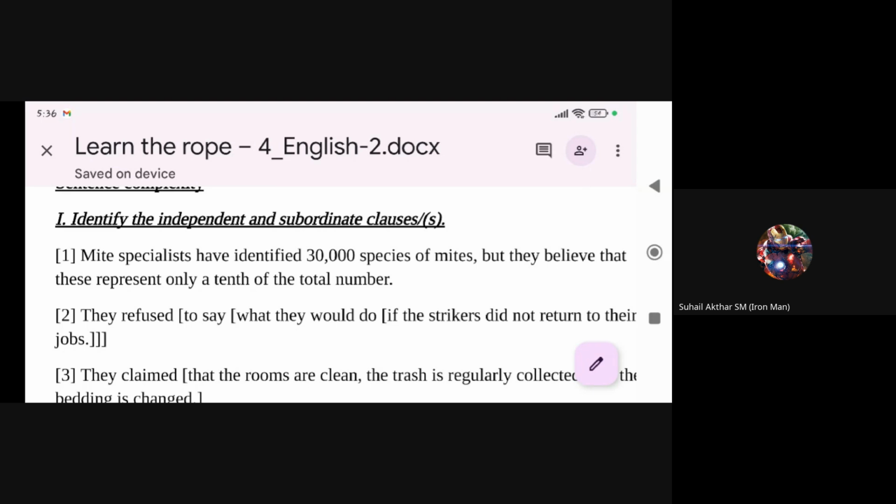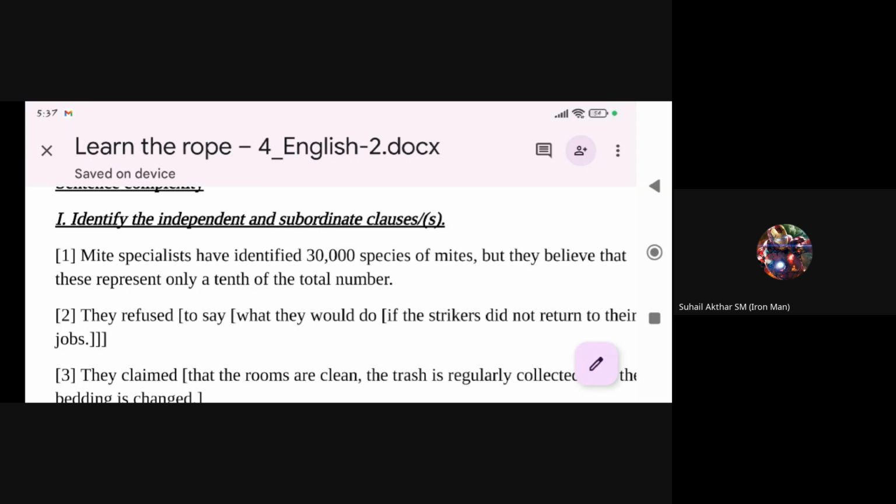Some other people would also prefer using the matrix clause and the embedded clause, right? All of them technically mean the same, right? People who have written grammars on the clause structure use these terms based on what they understand of the functions of these clauses in a language, right?